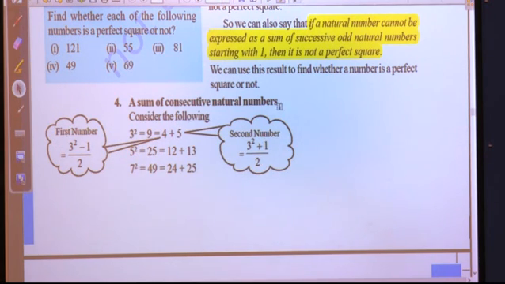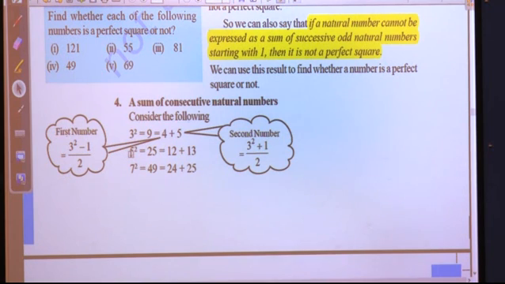What are they telling? Sum of consecutive natural numbers. Consecutive means one after another. They have given us the example of 3 squared is equal to 9, which is equal to 4 plus 5. What is 4? (3 squared minus 1) upon 2. And what is 5? (3 squared plus 1) upon 2.